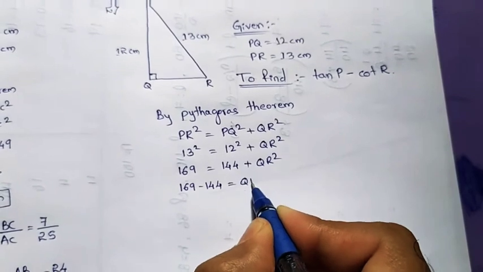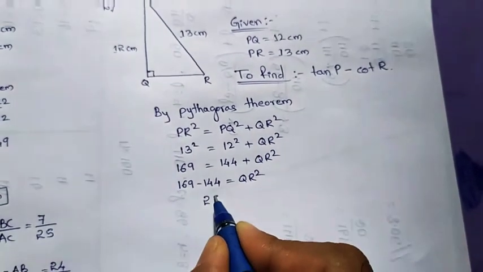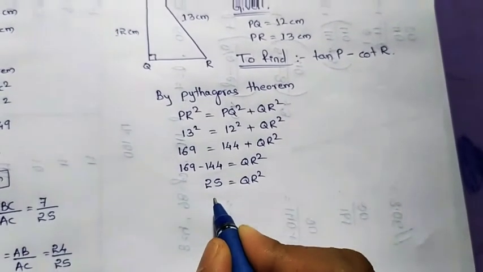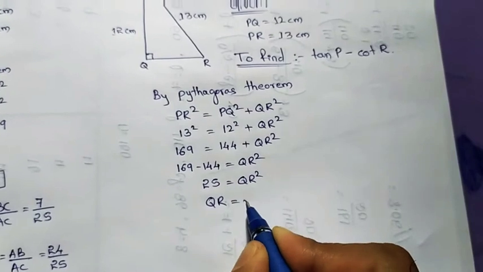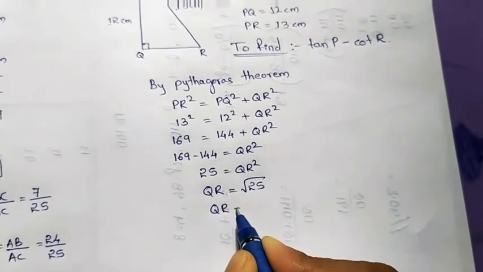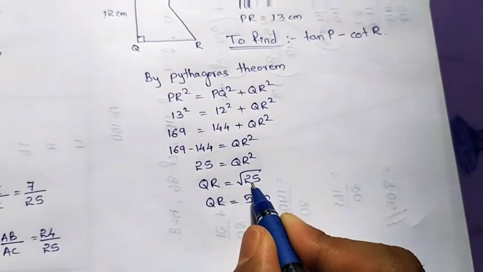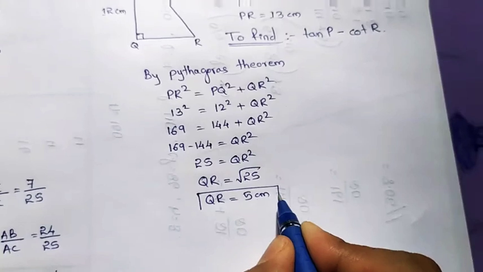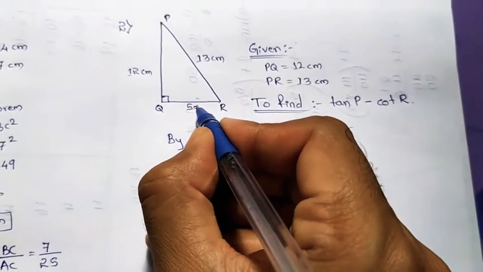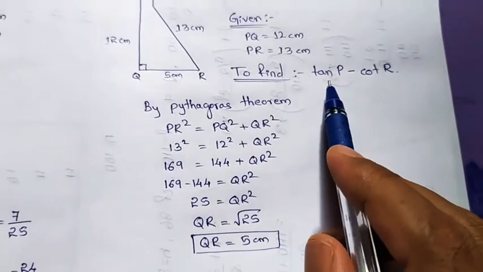So QR square equals 169 minus 144, that is 25. So QR equals root 25, which is 5 centimeter. So now we got QR, 5 centimeter.